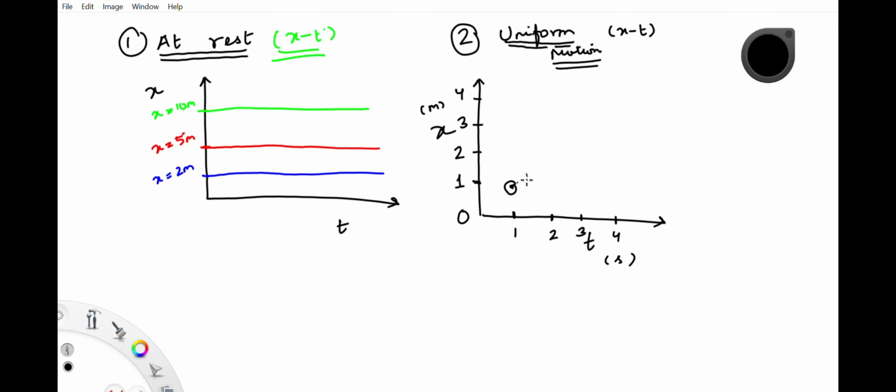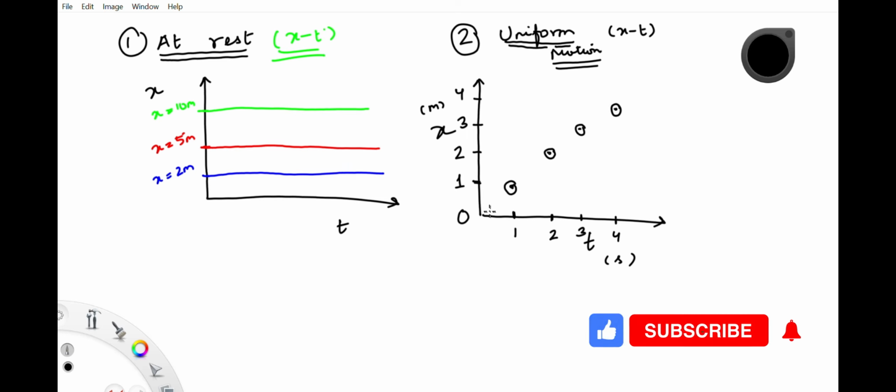Now, after covering 1 meter, it covers another 1 meter in the next second. So that means it covers 2 meters in 2 seconds. Then it covers 3 meters in 3 seconds, and then 4 meters in 4 seconds. So you can see that with increase of time by 1 second, the object is covering 1 meter.